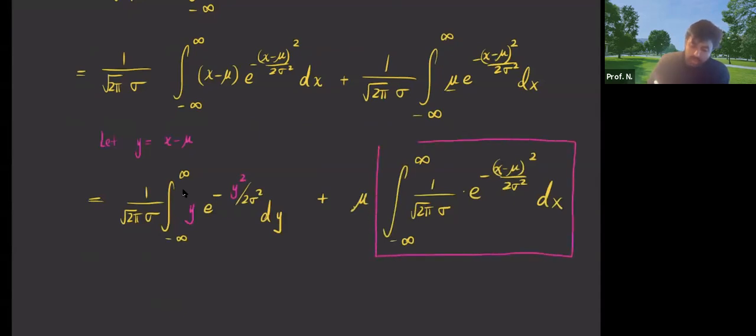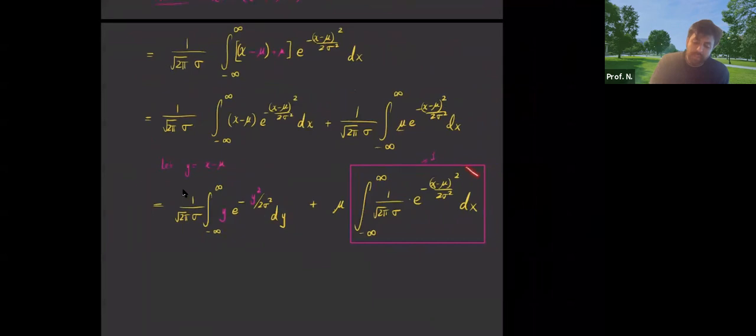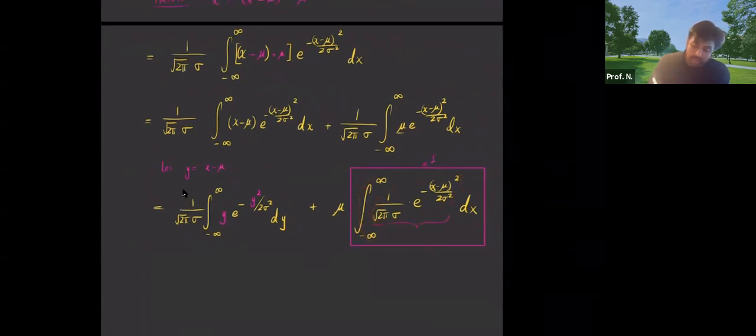What is this beautiful 1? Right, this is what we just showed. We just showed that this is indeed the PDF of my normal random variable. This is f of x. I just showed this equals 1. So what's left here? Mu.